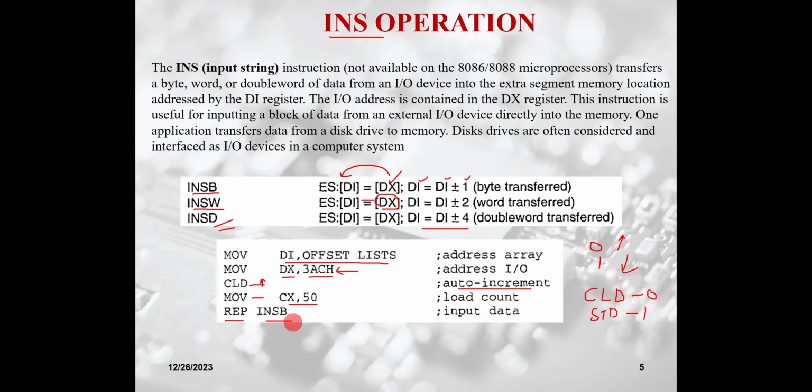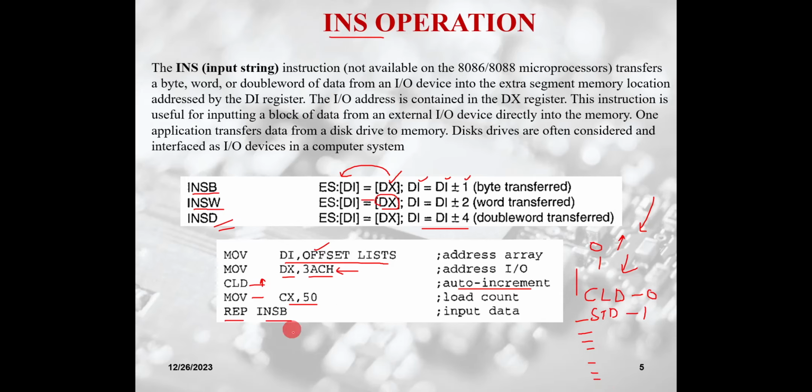So what it is going to do is go first to the port defined by AC3H, get the data and store it into the location given by ES plus DI, and then automatically increase the memory address, and fetch again the data from DX.